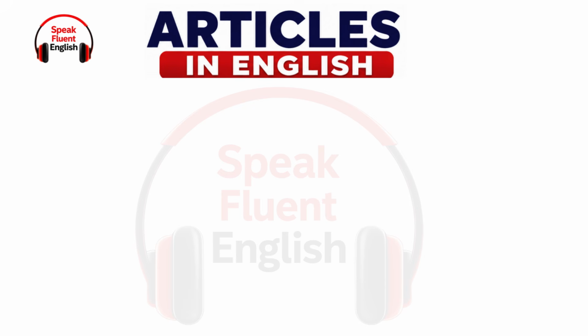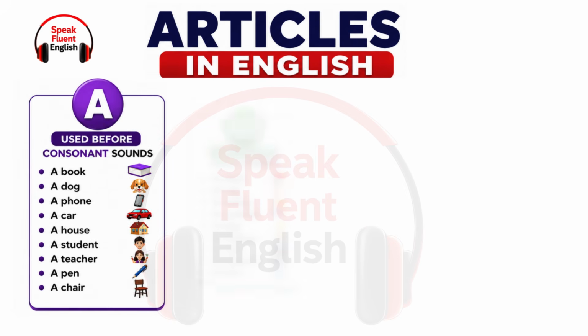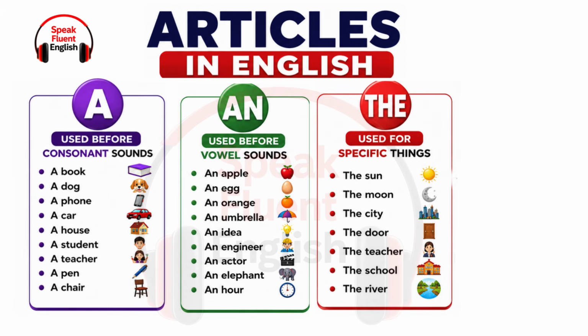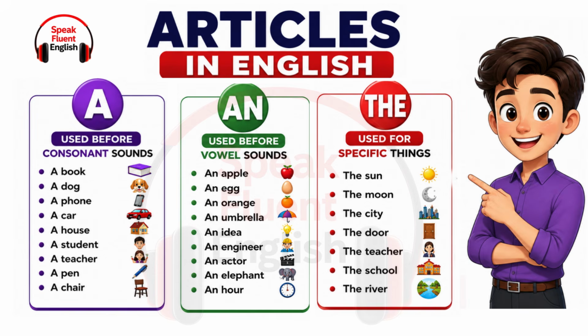Today, I will explain the 3 important articles in English: a, an, and the. These are very important because they help us talk correctly about general and specific things in English. Let's begin.